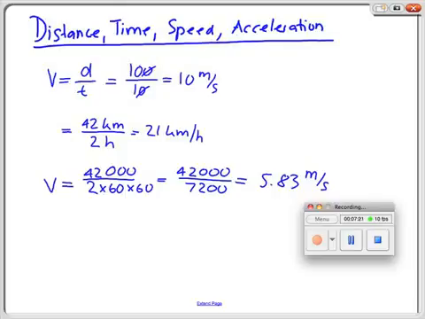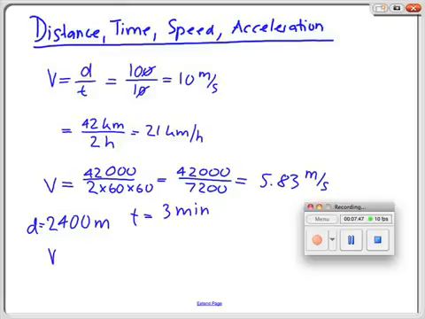Now let's take an example where I have 2,400 meters as the distance, and say my time would be, in this case, 3 minutes. Now I want my result to be in kilometers per hour.